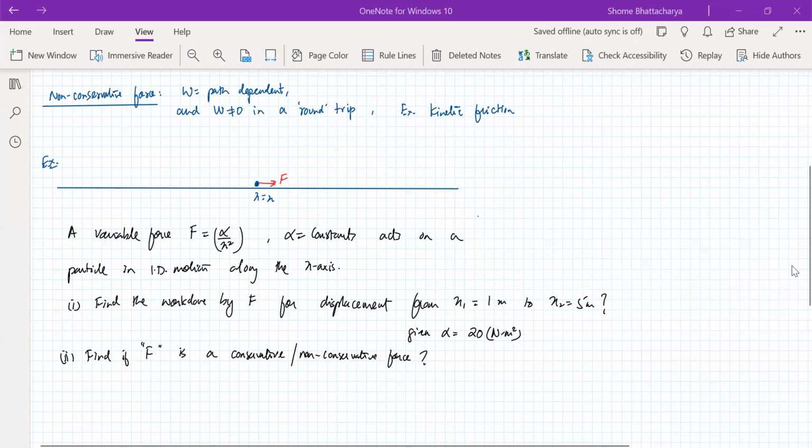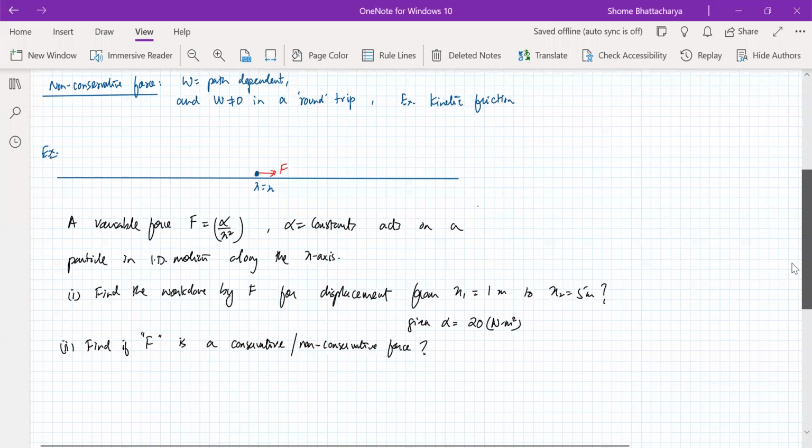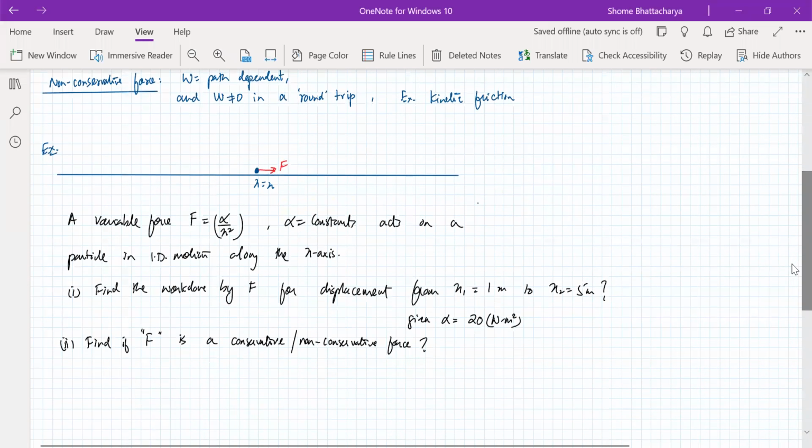Sanvi, you have sent me the answer. Just check the algebraic sign of the work done that you got. Yes, sir. There is probably some small error in the substitution of limits in the integration or in the integration itself. Just double check it, because you can see that the direction of the force is along the positive x direction.